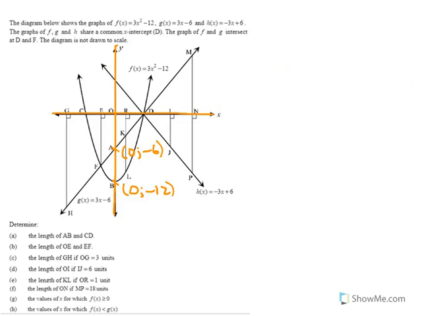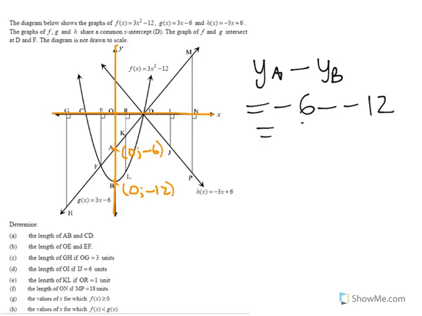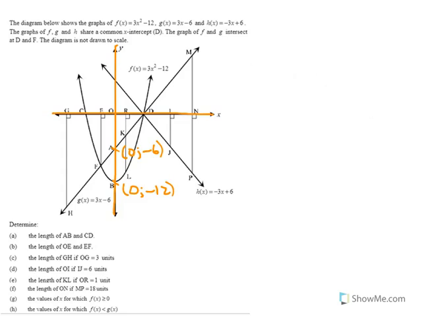In order to work out the length of AB, we're going to say the y-coordinate of A minus the y-coordinate of B, so that's going to be minus 6 minus minus 12, which is equal to 6 units. And you should be able to confirm visually that that works out with our numbers.